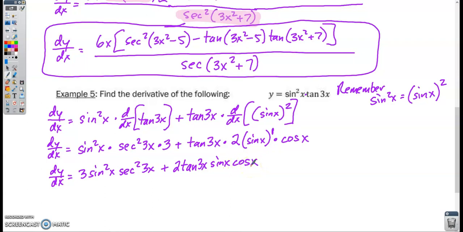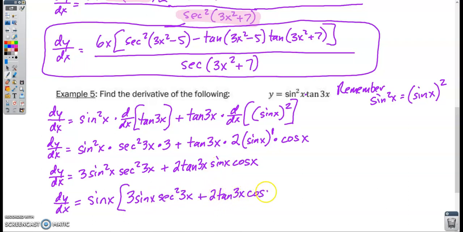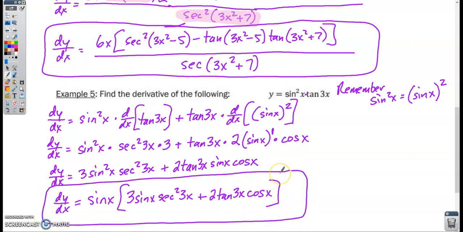And now I think I'd like to go ahead and factor out what I can, and the only thing that I can factor out of both of these is a sine of x. So I've got sine of x times the quantity 3 sine of x secant squared of 3x plus 2 tangent of 3x cosine of x. And there's my final answer for my derivative.